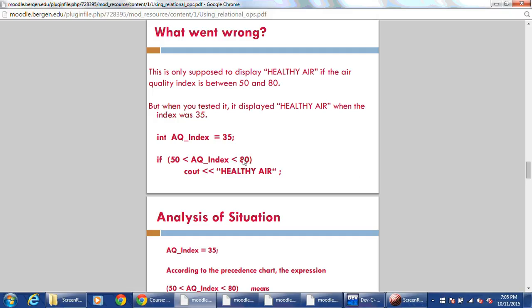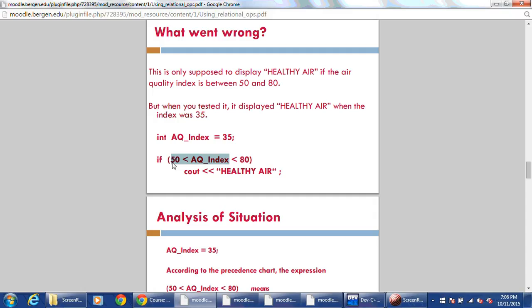But if we execute this according to our precedence chart, what you're really saying is evaluate this first, then the result of that would be evaluated with this. And remember, this is going to give you what type of result? What did I tell you that all relational and logical operations give you? A true or false. So this particular expression says compare 50 less than AQ index, which is 35.